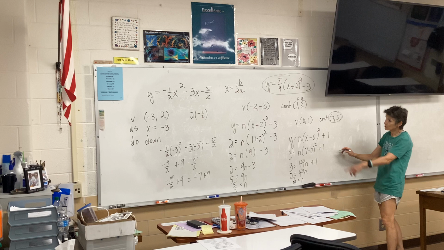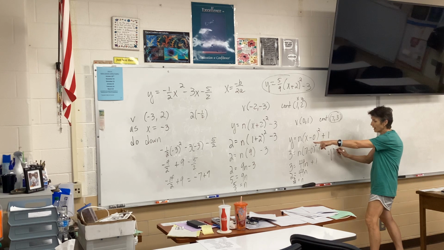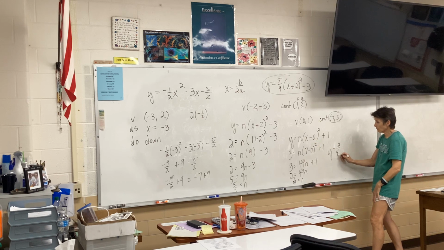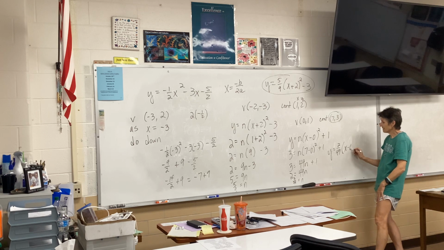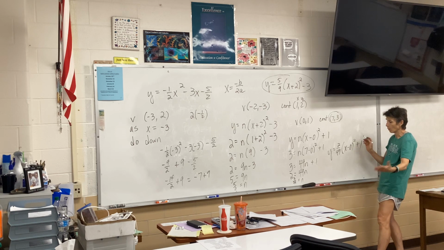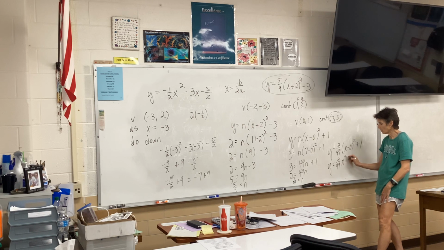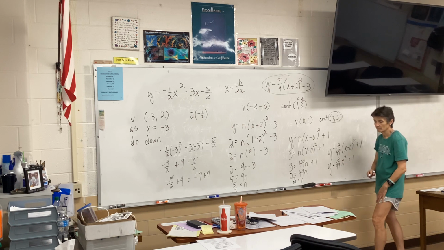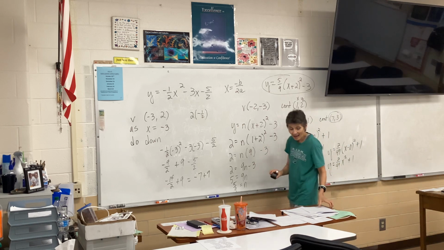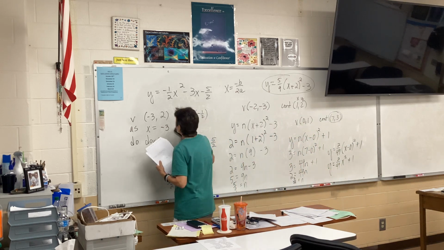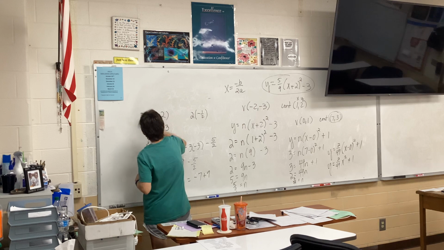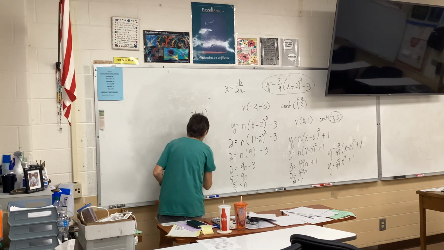So your equation, y equals 2 over 49, x minus 0 squared plus 1, or if you prefer, 2 over 49, x squared plus 1. There is nothing added or subtracted to the x.